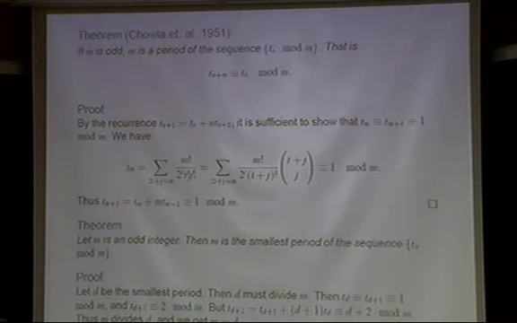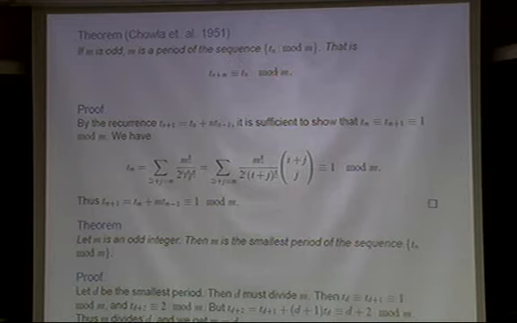Before starting, let's see some simple theorems about the number of involutions. Here, Tn is the number of involutions. In the same paper, they proved that if m is odd, then m is a period of this sequence. This is the sequence of the number of involutions mod m.